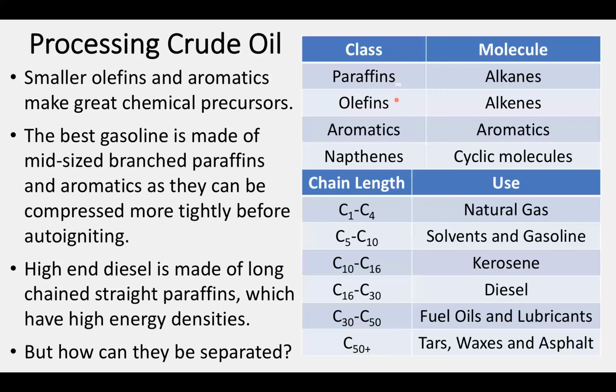Olefins will have slightly lower. They'll tend to essentially evaporate a little bit easier. This is classically seen with aromatics, which tend to be much more volatile than their straight chain components. For example, benzene tends to be a lot more volatile than hexane.